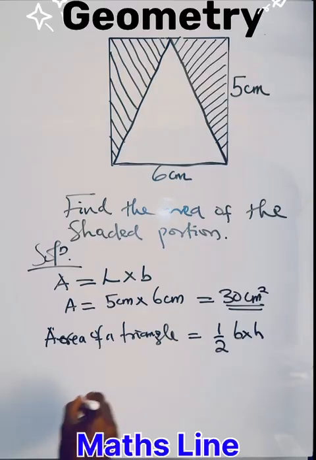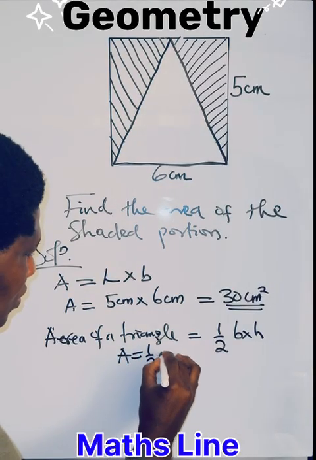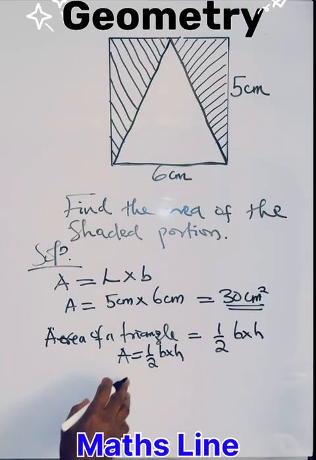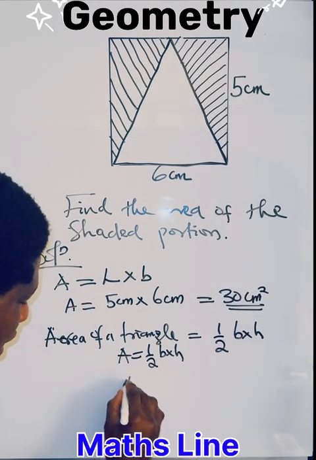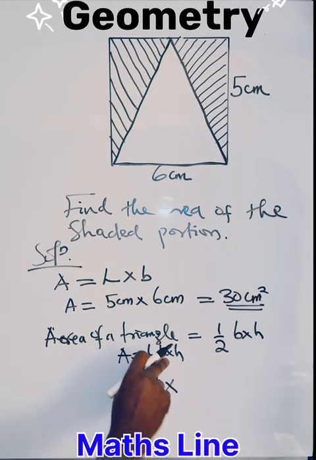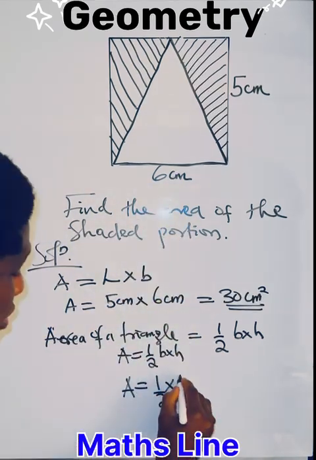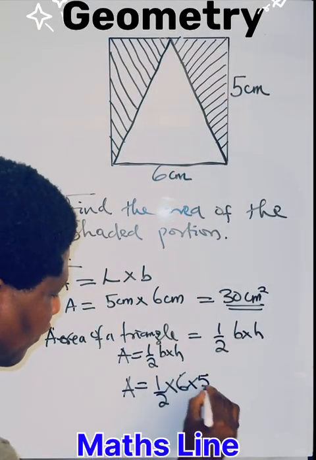So we can rewrite this to say A is equal to 1 over 2 B times H, which is half base times height. And to get this, we can now say that A is equal to 1 over 2 times the base again, 6, times the height, 5.